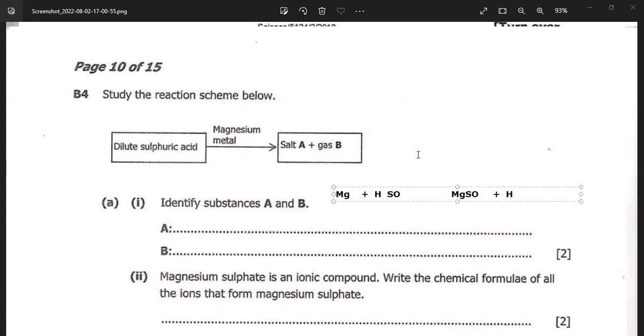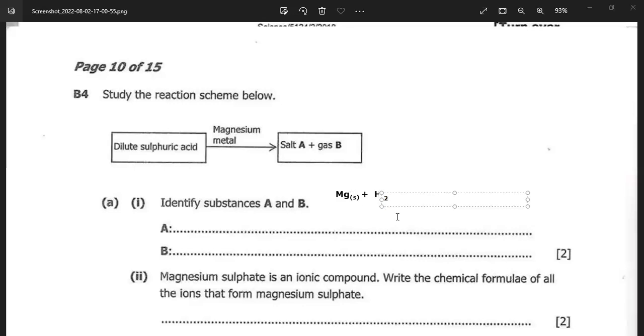So we can now write the state symbols. Magnesium is definitely a solid. Then H2SO4: know that acids are always aqueous.